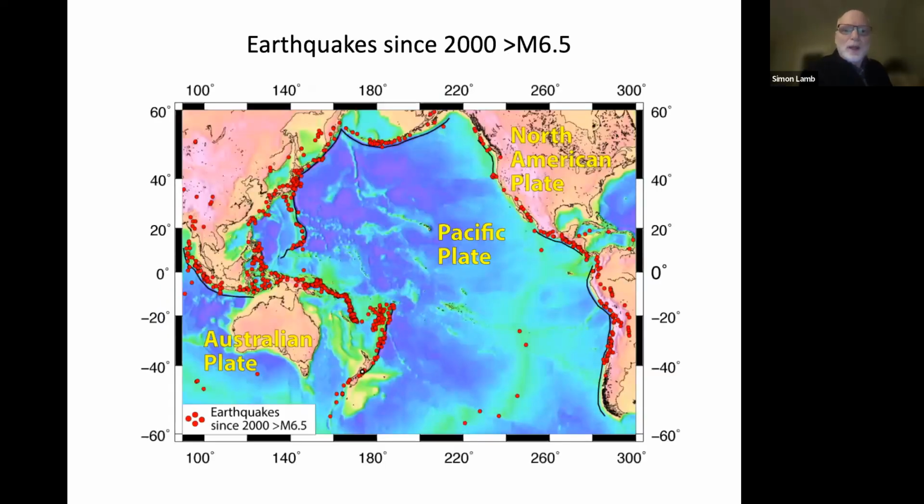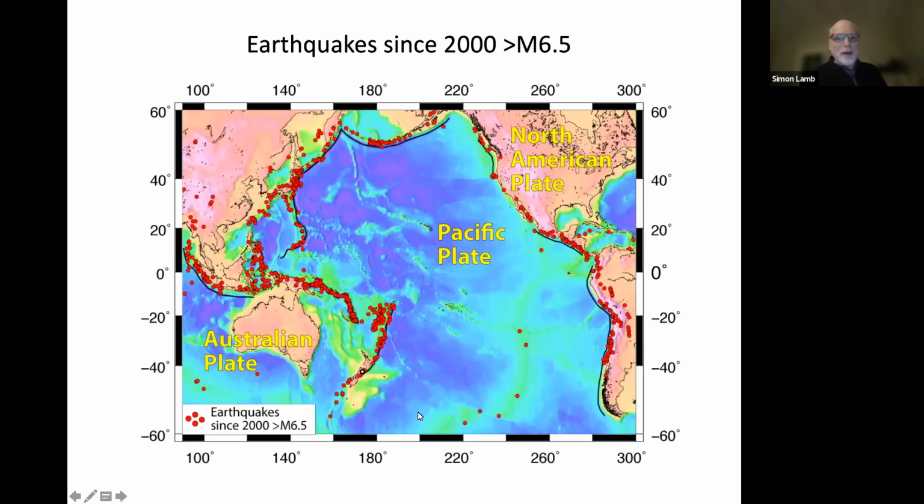If we just home in on the Pacific region, the Pacific Rim is one of the areas where you get most of the really big earthquakes on the planet, because you've got subduction zones going all around the Pacific, and they're the ones that generate the really big, magnitude 9+ earthquakes.